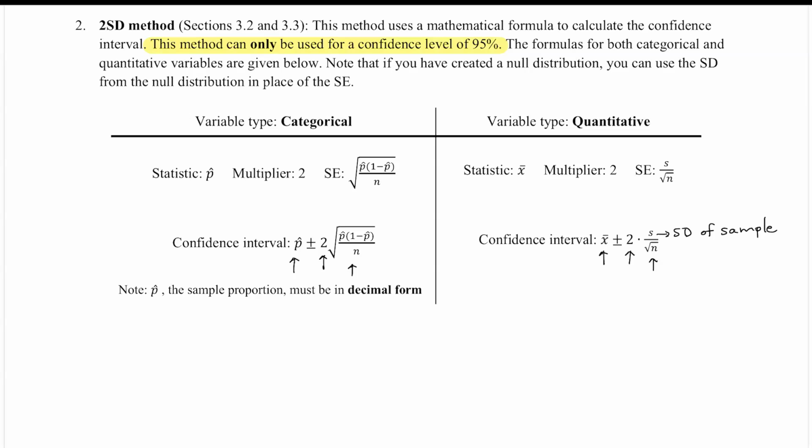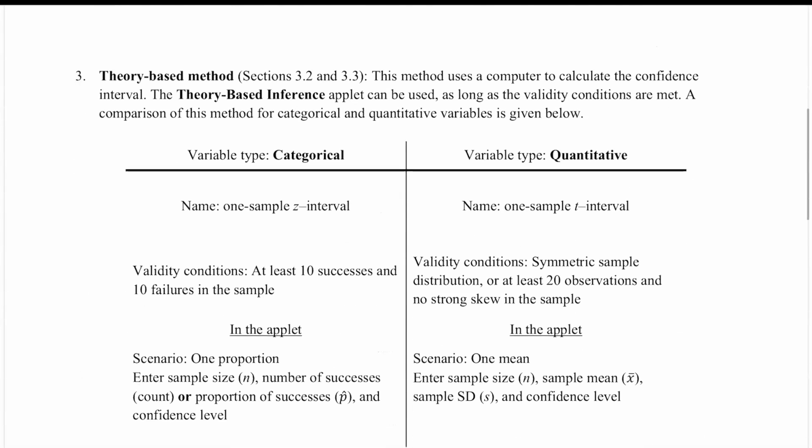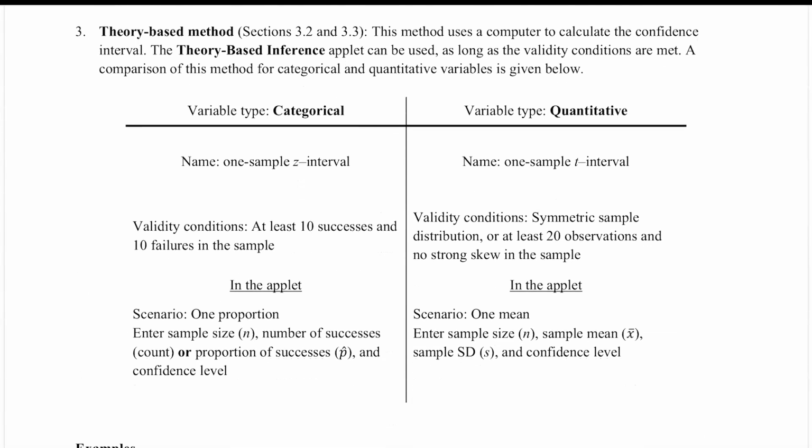So here again, when the variable is quantitative, we have the potential to get confused because there are 2 standard deviations in the mix. One is s, the standard deviation of the sample, and the other is s over the square root of n, which is the standard deviation of the null distribution. So we have to keep in mind, when our variable is quantitative, there are 2 different standard deviations floating around.